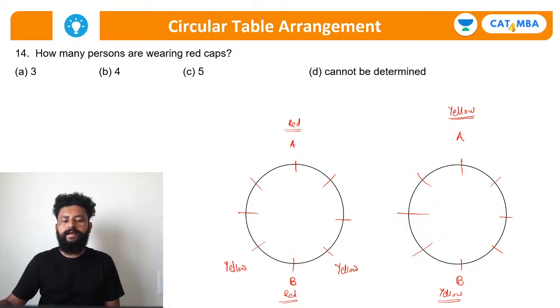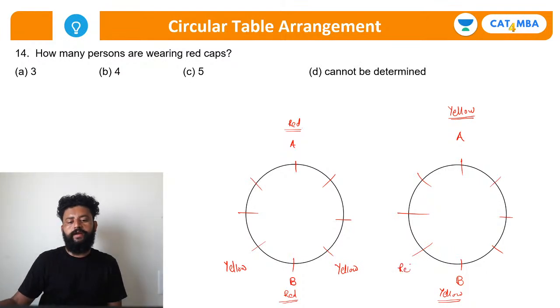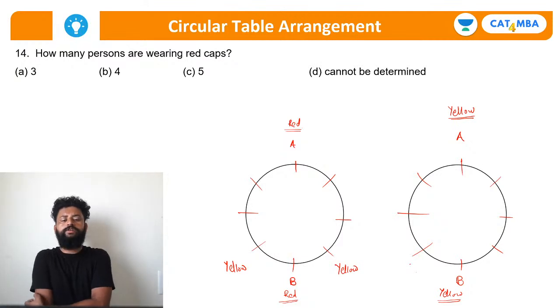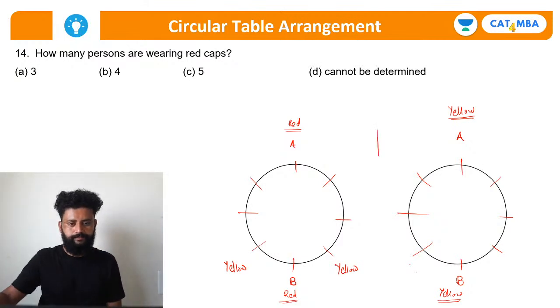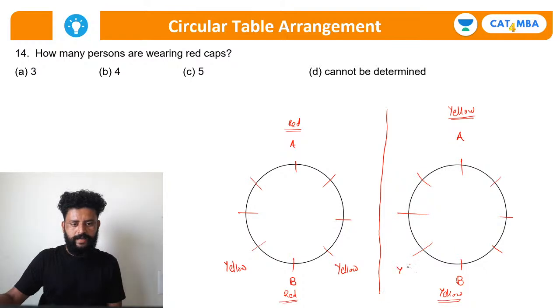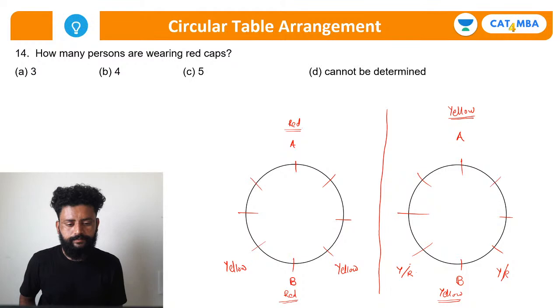And if B wears yellow cap, these two cannot be white, so they must be red, or they can also be yellow, because two yellows can be together. This can be yellow, red, yellow, red. Not white.